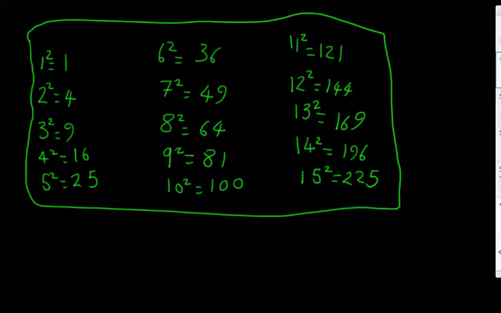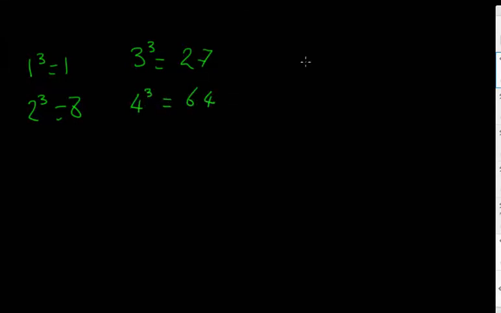And some of the cube numbers that are useful to know, obviously 1 cubed is 1, 2 cubed is 8, 3 cubed is 27, 4 cubed is 64, 5 cubed is 125, and 10 cubed is 1000.